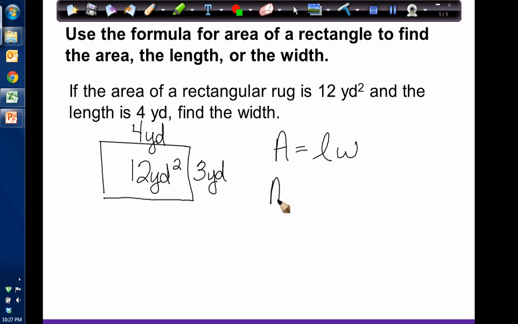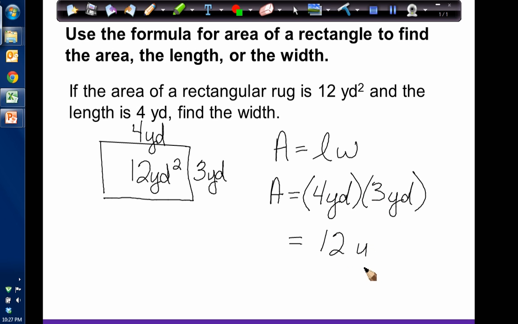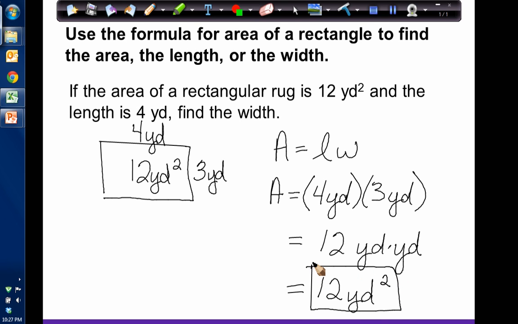So let's leave the units in, and we get 4 times 3 is 12, and we get yards times yards. What happens when we multiply yards times yards, or anything times itself, it's squared. And that's where the squared comes in.